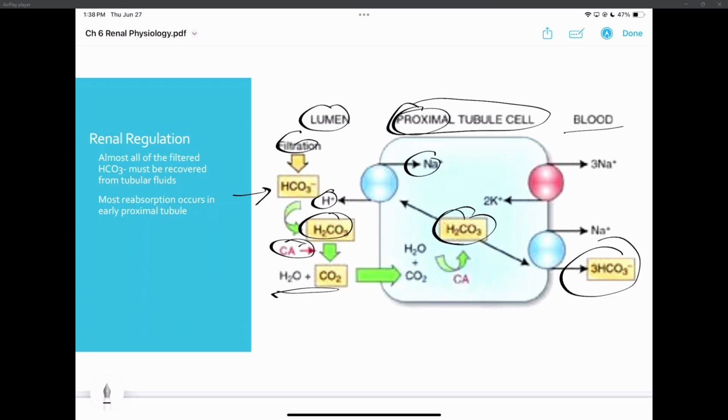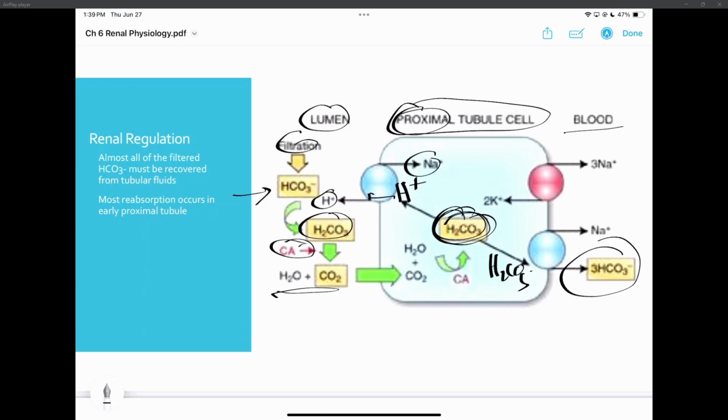When this carbonic acid dissociates, the hydrogen goes there, which then goes into that part. The bicarb goes out there, but 3 of them get exchanged out for 1 sodium. So 3 bicarbs for 1 sodium in the blood, and we get bicarb generation going into the venous renal system.